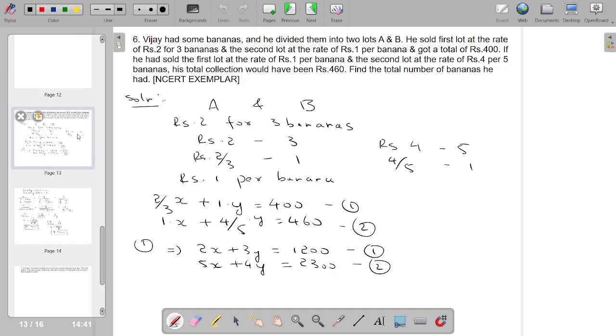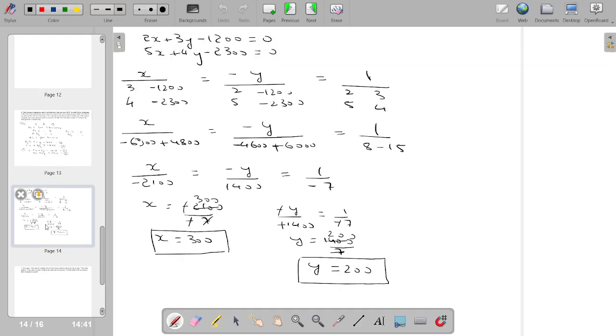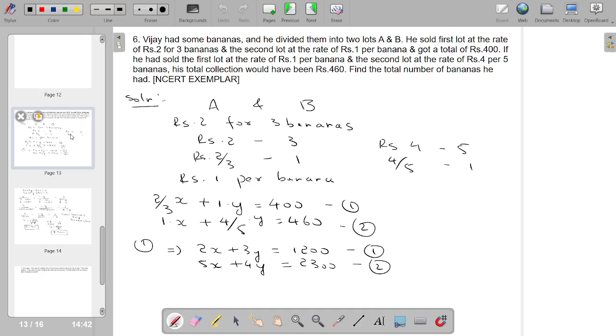He has to find the total number of bananas he had in both lots A and B. So we can say total bananas is equal to X plus Y, meaning 300 plus 200 is equal to 500. So overall he had 500 bananas.